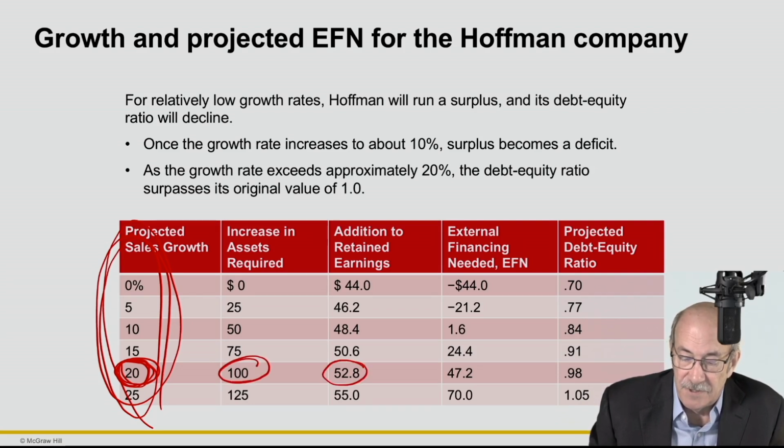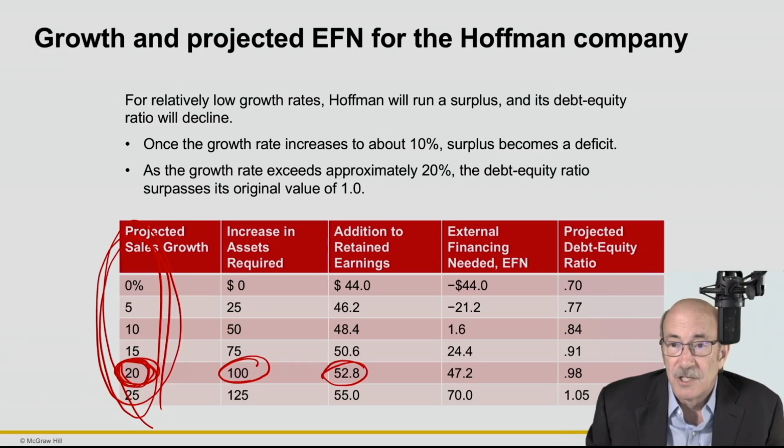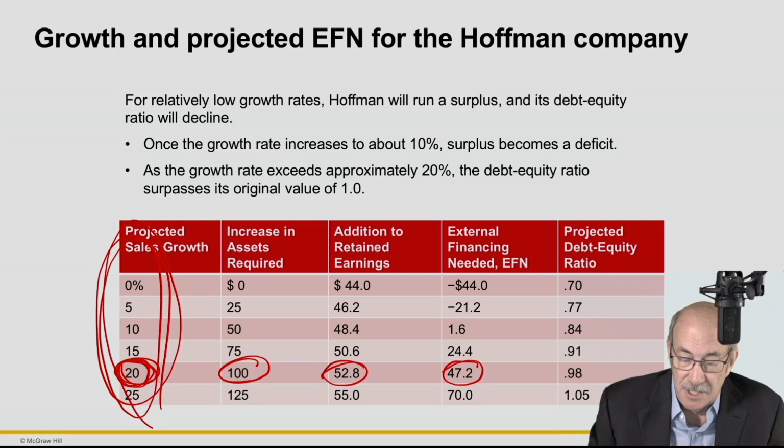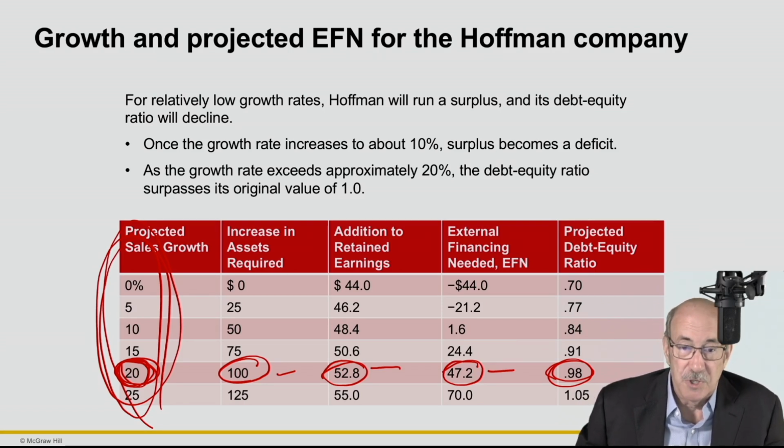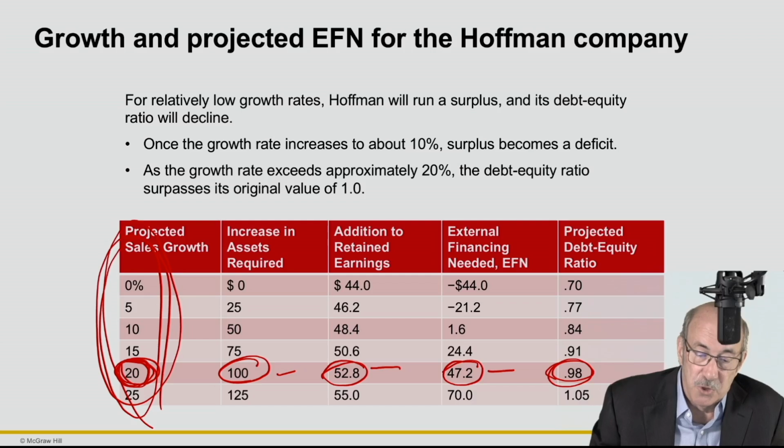We have 52.8 in additional retained earnings, which means our external financing need is 100 minus 52.8. There's our 47.2. And then when we calculate a debt to equity ratio, we see that it's relatively unchanged.